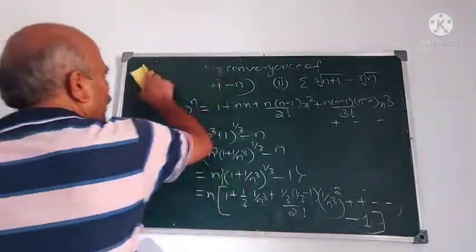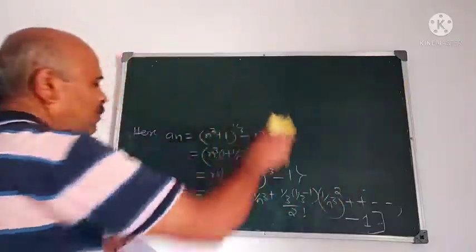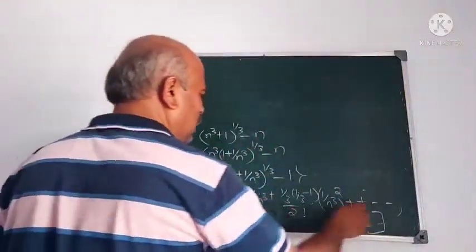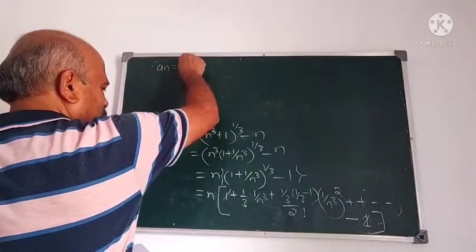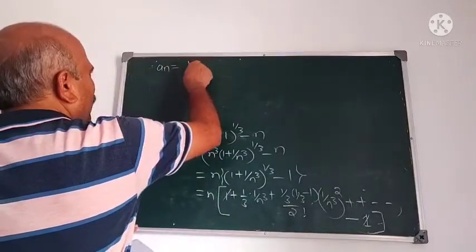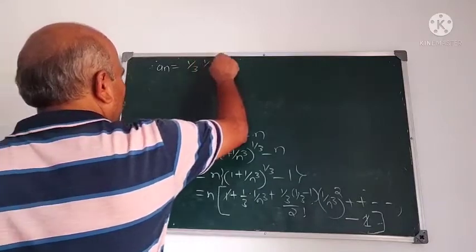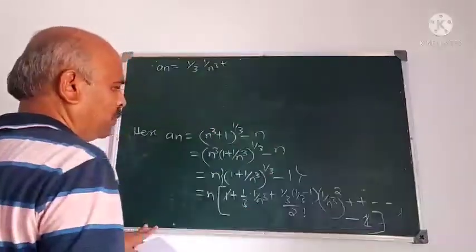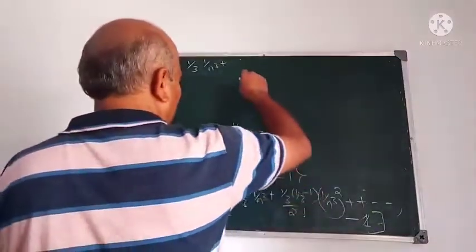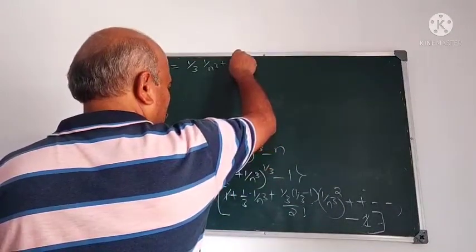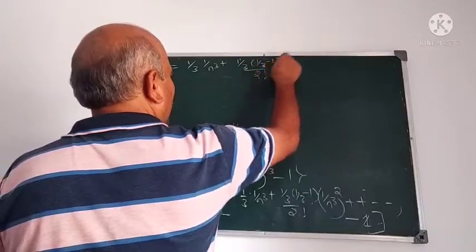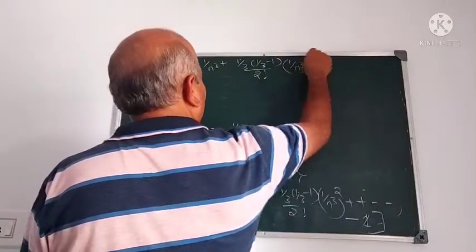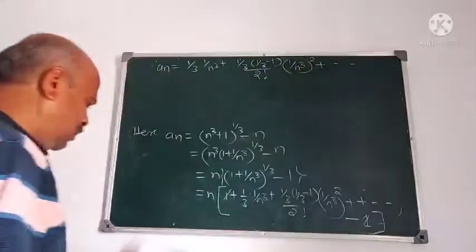Now that one cancels, this one cancels, we get an, the nth term of the series, as 1 by 3 into 1 by n cube, plus 1 by 3 into 1 by 3 minus 1 by 2 factorial into 1 by n cube whole square, plus so on.